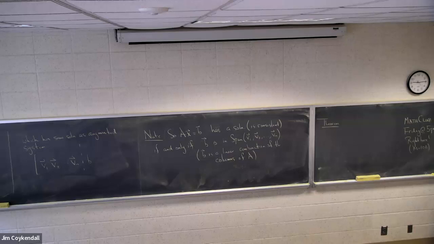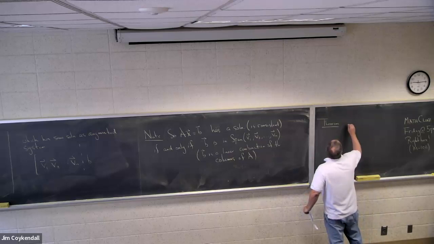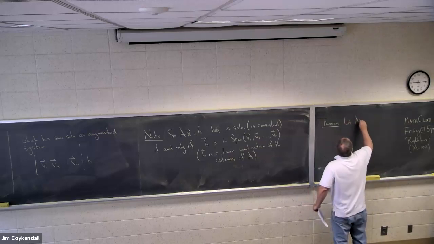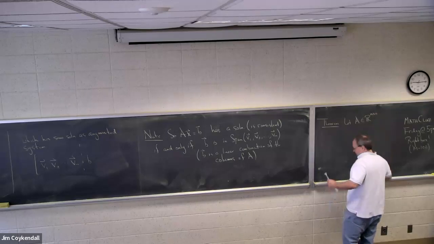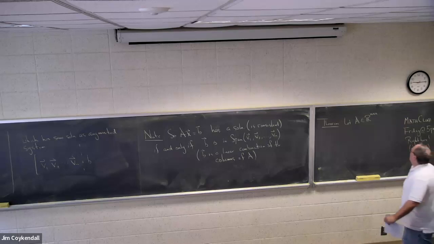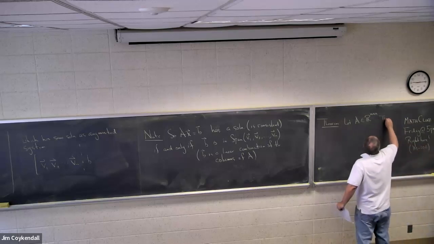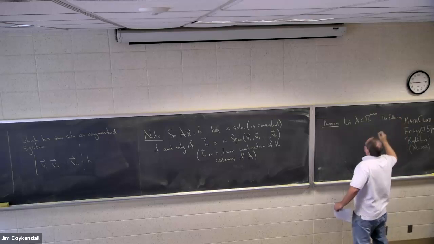You'll see this theorem coming up, but here's what we know so far. Let A be in R^(m by n). Of course, remember, this just means that A is an m row by n column matrix. The following are equivalent conditions.